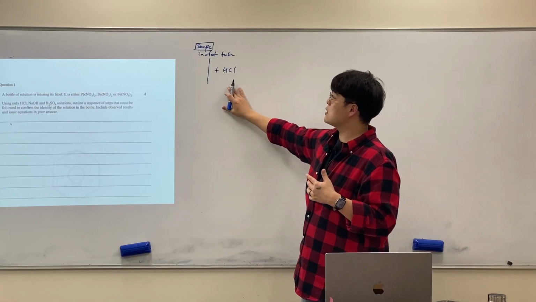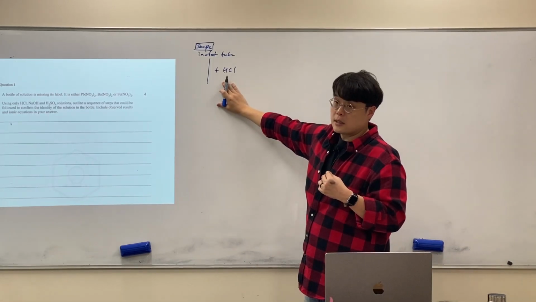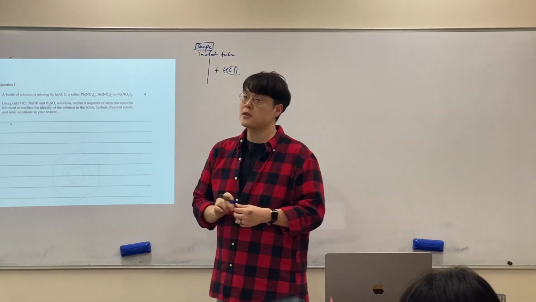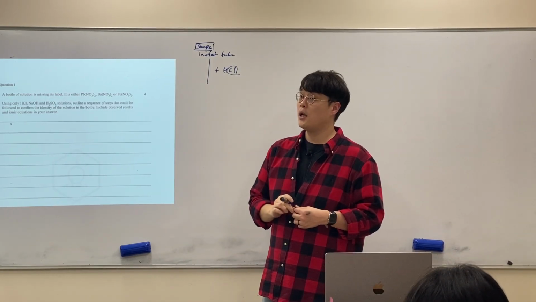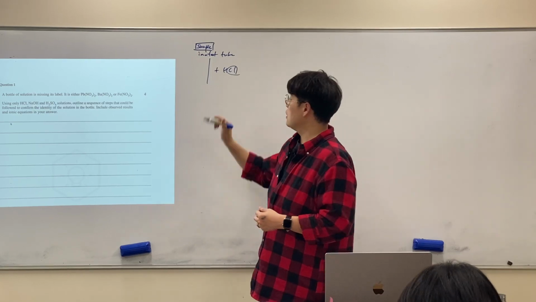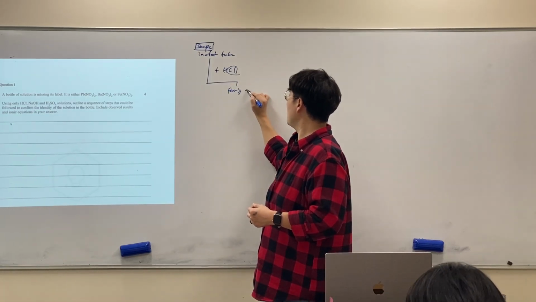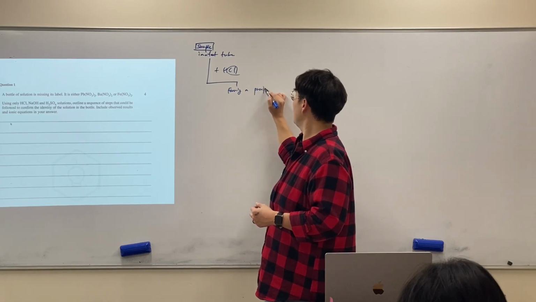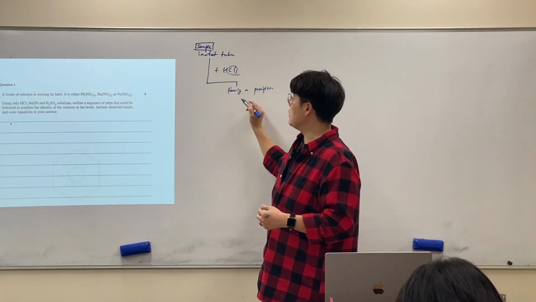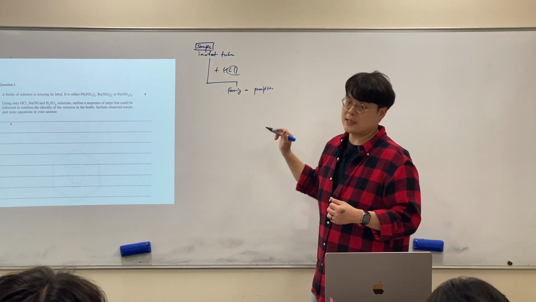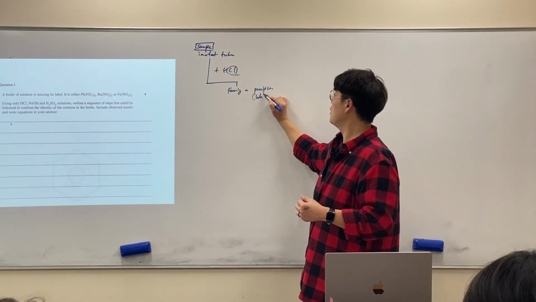So what we expect is that hydrochloric acid, or chloride ions, would form a precipitate with the lead only. So you can just go like here, forming a precipitate. That means what color? White.